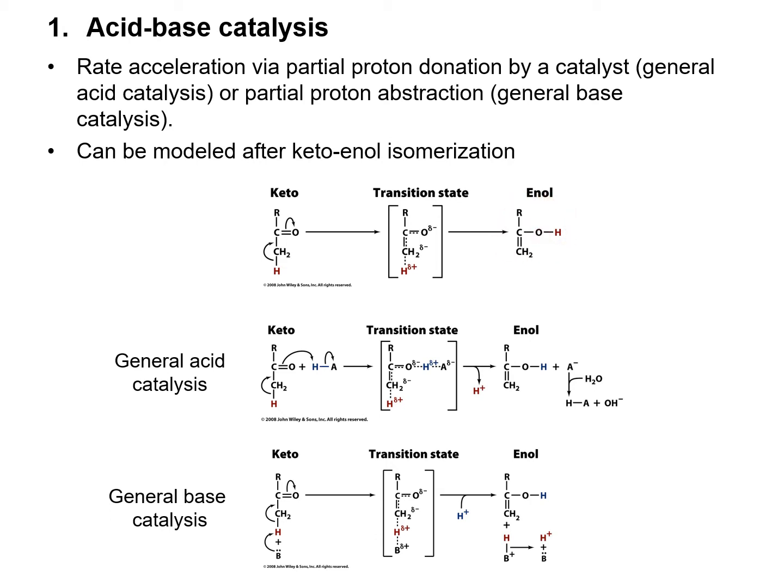In case of having the general acid catalysis, this general acid, which is shown here as HA, will provide the proton partially. It works as a partial proton donation, as it is written here. And what the proton does is getting rid of the electron from the keto form.